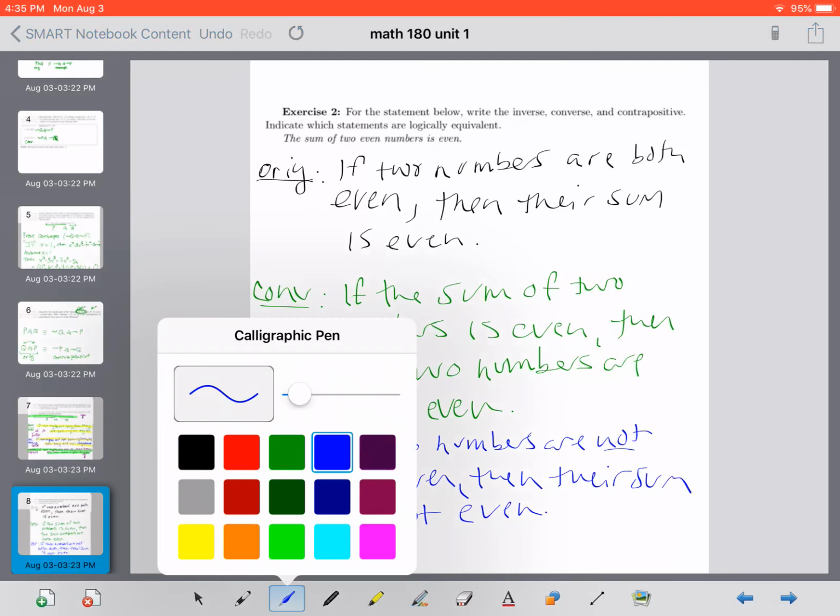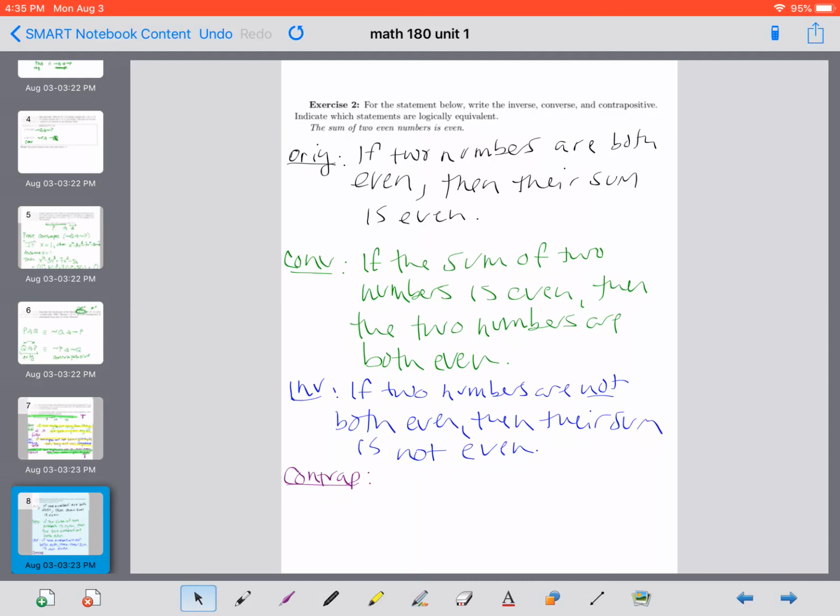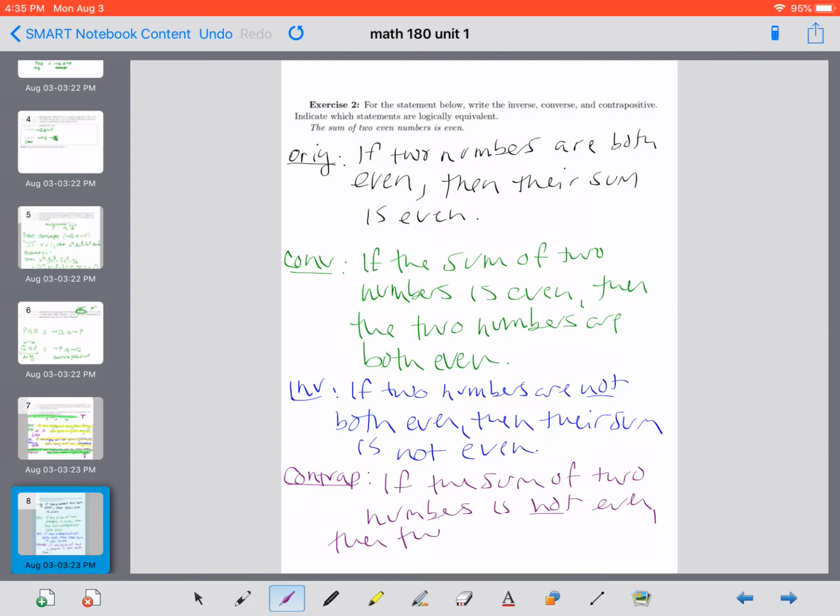And finally, the contrapositive. This swaps the if and the then, and it also negates them both. So this would look like, if the sum of two numbers is not even, then the two numbers are not both even.